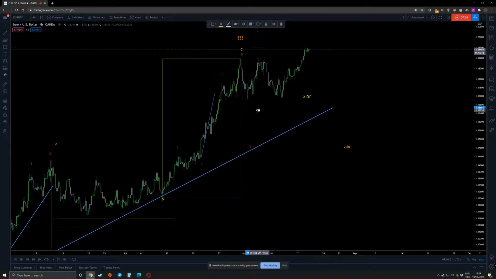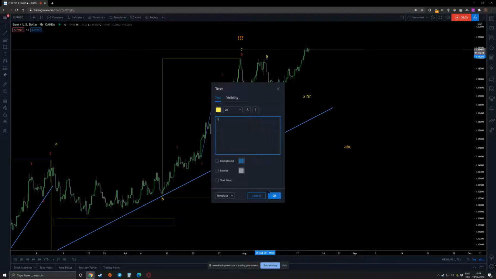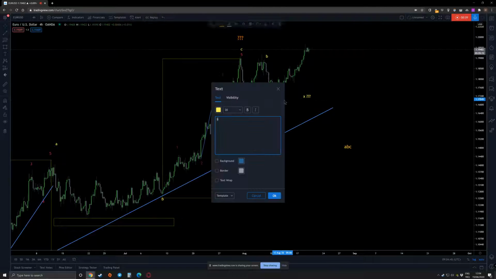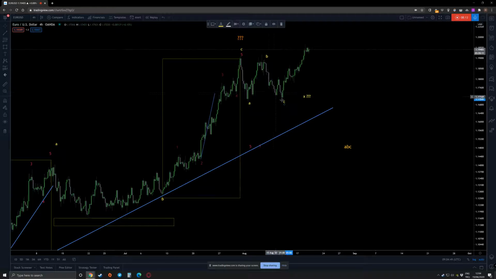So, if this is the X wave, where did this X wave finish? Well, this X wave actually can be something like this. It can be a wave A here, a wave B here, and a wave C here. Now, if this was the case, then we should have called this a flat with a C failure, okay?